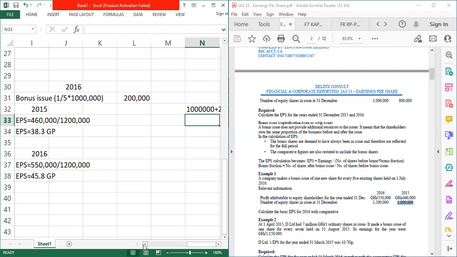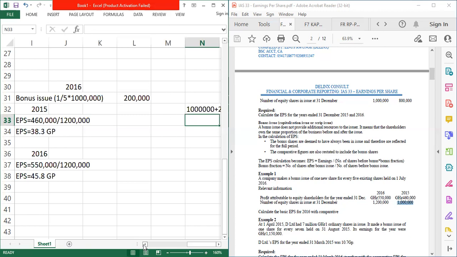No, we assume that the bonus issue has been in issue since. It doesn't matter the year that they have done it. Since retained earnings was there for 2015, the bonus issue was also there for 2015. But they stated that it was on 1st July 2016. But the bonus issue was made from retained earnings, and we have retained earnings from 2015, isn't it?